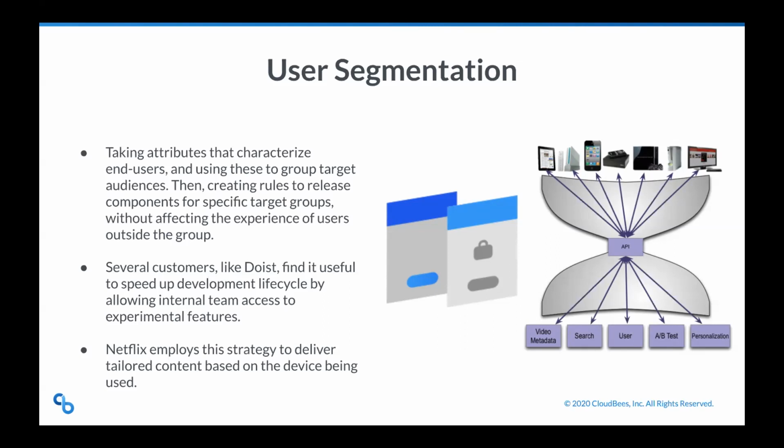So user segmentation in the scope of feature flags means taking these attributes that are defined in the code base, and these can describe if a user has successfully logged in, their geographic region, their operating system, the very version of the application they're using, and taking these properties to create a rule set that will alter flag values for a certain set of users that meet a set of criteria. And this criteria is defined by the attributes and properties from the code.